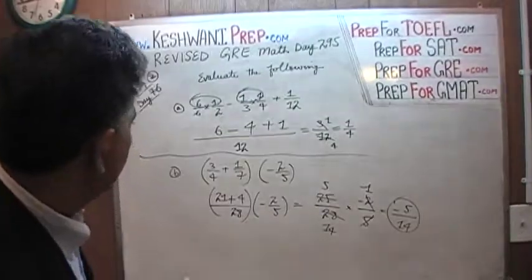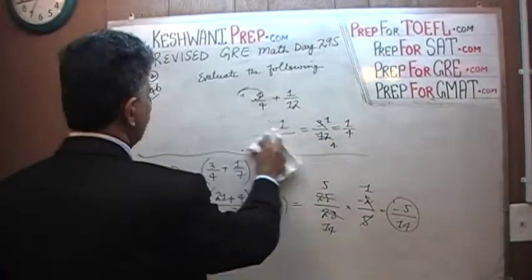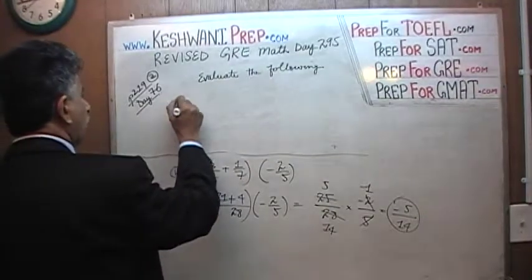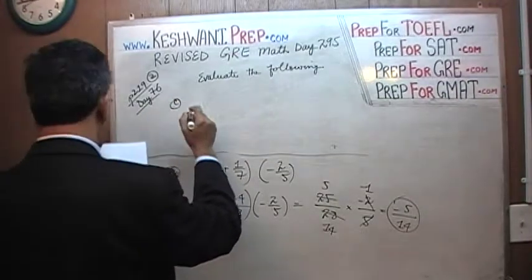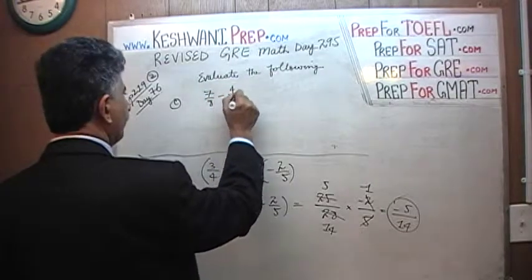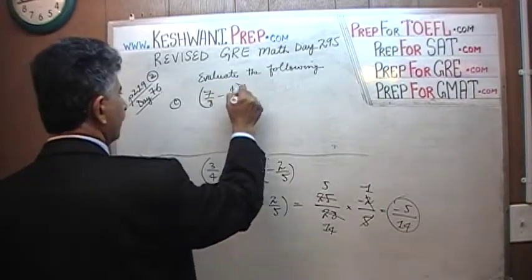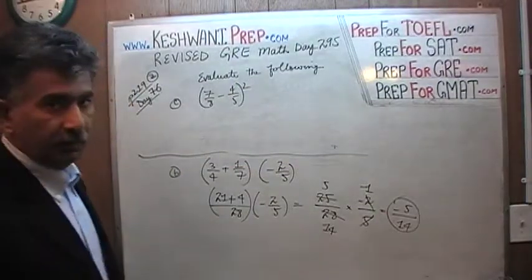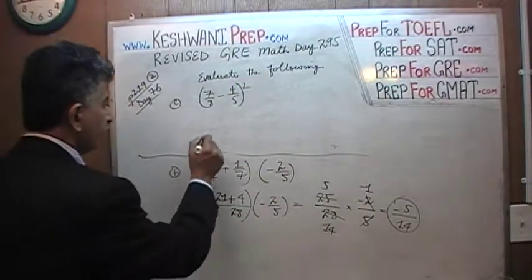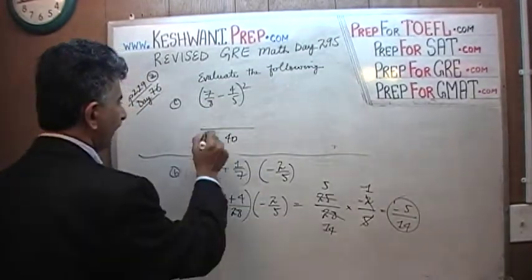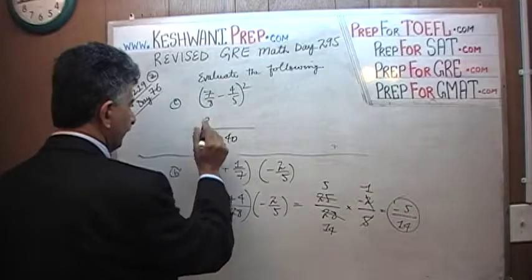Part C. Let's do the C on the top. Part C says 7/8 minus 4/5, squared. Again, we need to have a common denominator. The common denominator here would be 40. So 40 divided by 8 is 5, so this is 7 times 5.